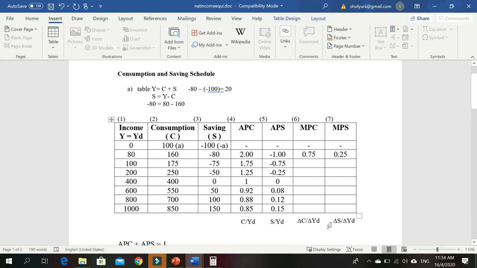Okay, so the symbol is change in S over change in Y. This is the formula, right? So 20, and to find the change in YD, from here to here, 80 minus zero is 80. So 20 divided by 80 equals to 0.25. It's basically 20 over 80.